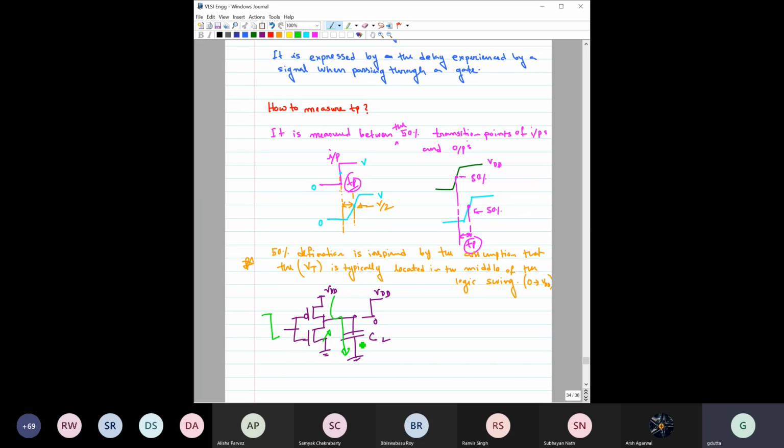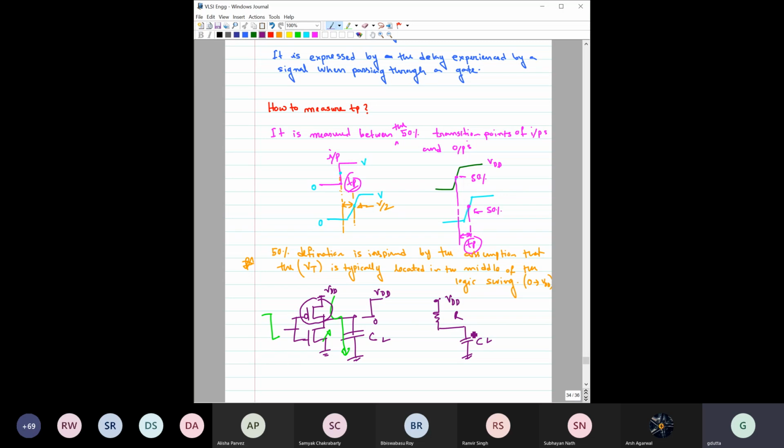So while it is charging through this PMOS, you can consider this PMOS as an equivalent resistor, so it is basically one resistance charging this capacitor CL, and it is VDD, right? So that way, this is basically nothing but a simple RC circuit.